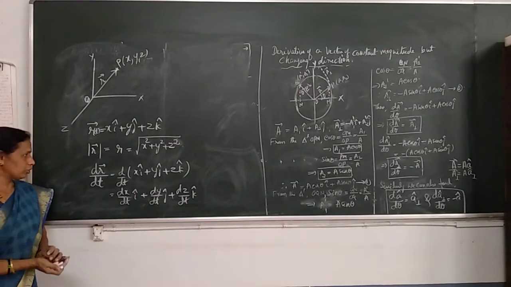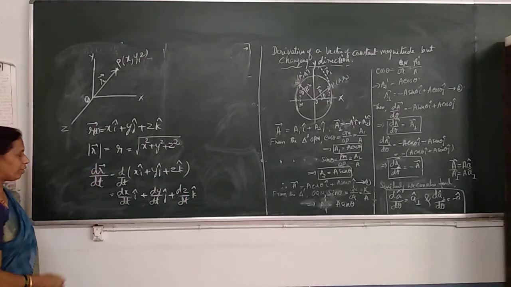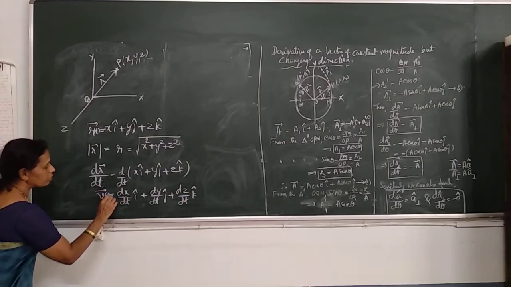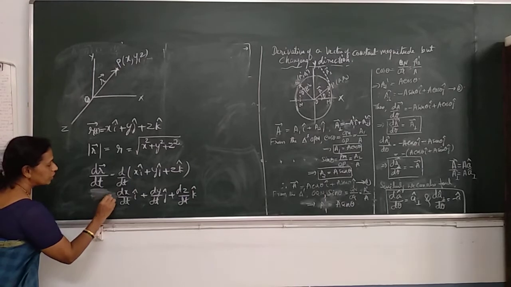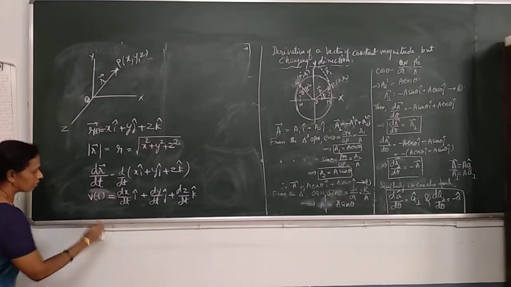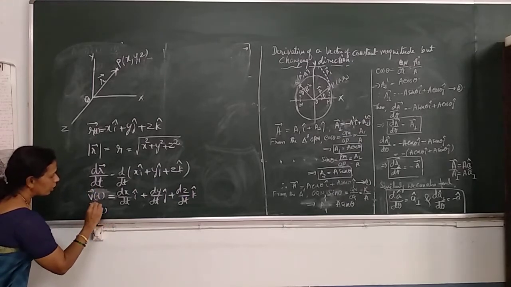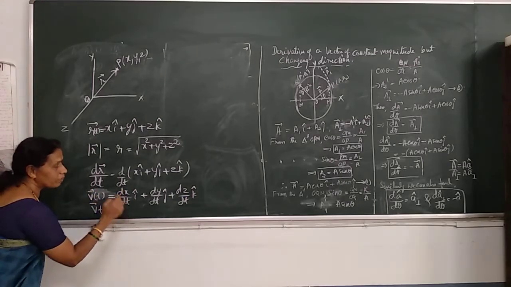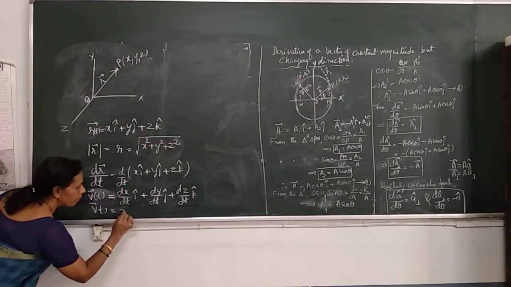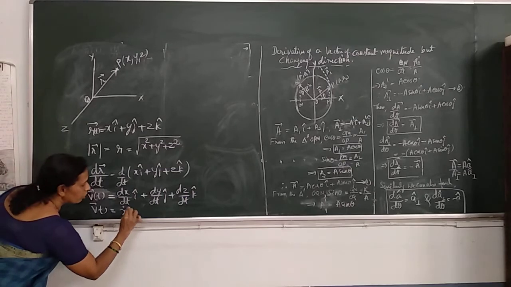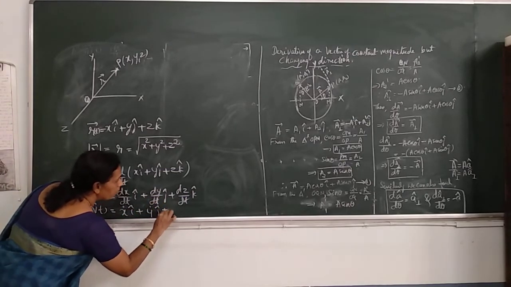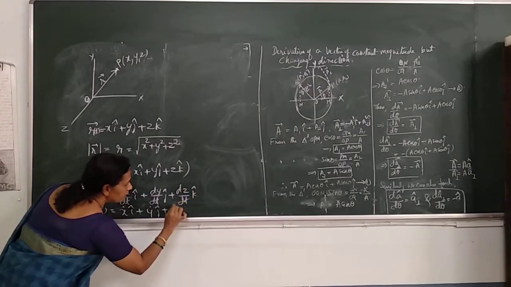The rate of variation of position of the particle is nothing but the instantaneous velocity of the particle. The rate of change of position is called the velocity. The instantaneous velocity of the particle is given by dx by dt, the first derivative of x with respect to t, denoted as x dot, so x dot i cap plus dy by dt denoted as y dot j cap plus dz by dt, z dot k cap.